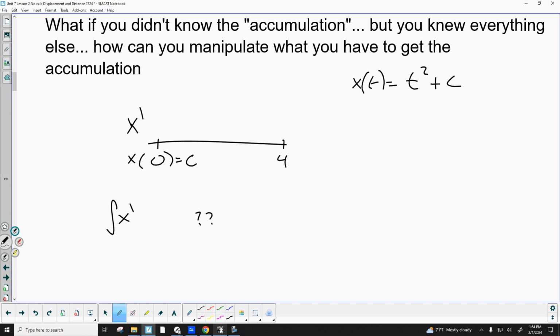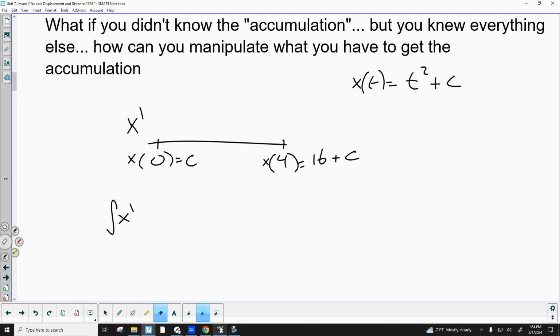And I don't know what it is. It's unknown. Maybe I don't have this information. My position at time 4 would be 16 plus c. Are you able to figure out this number here? Tell your neighbors. What would it be? This? Yes.